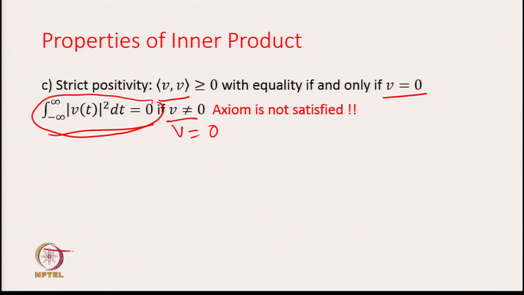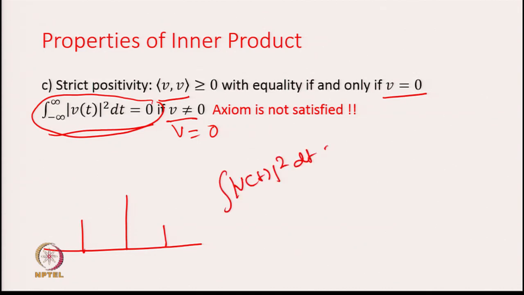For example, we have seen that if I have a signal like this, which takes values only at discrete instances of time, then for this signal, if you do mod V t square dt, this will be 0. This will be 0 because there is no width involved in these points, and hence when you pass this through an integrator, you will get an all 0 thing. So for L2 waveforms, this is not satisfied.